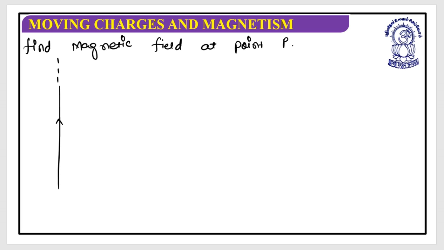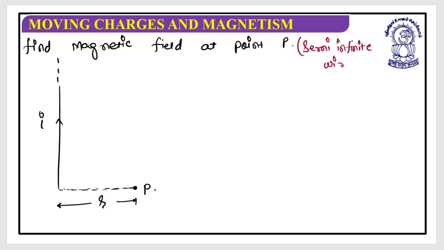This section is extended over infinite and this section has been terminated over here, and this is the point where the magnetic field is required. The current flowing is I. The separation from the current carrying conductor to the point is R. This is called a semi-infinite wire. So how could I do this?